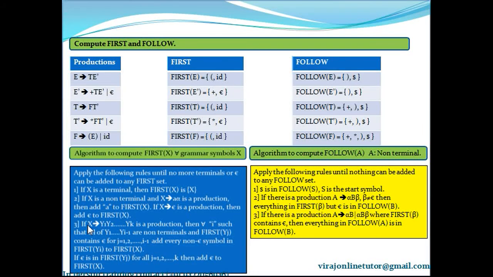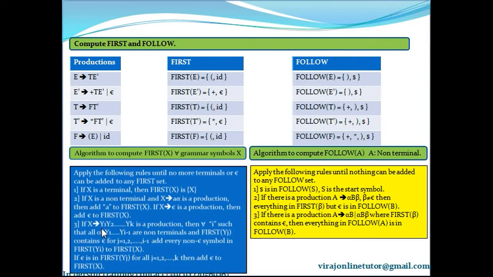So what are the simple rules to compute first? First of a terminal is a terminal. First of an epsilon is an epsilon. And when you have a production with more than one entity on the right hand side, you compute the first of the first entity, and whatever elements you get, put them into first of x, except the epsilon character.